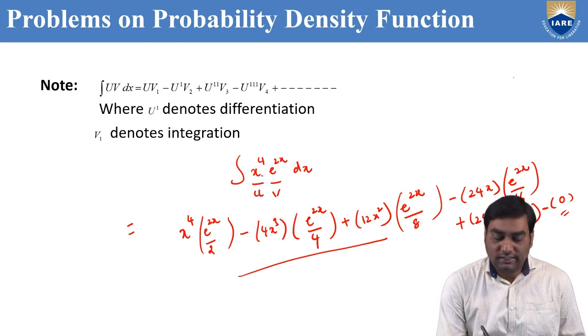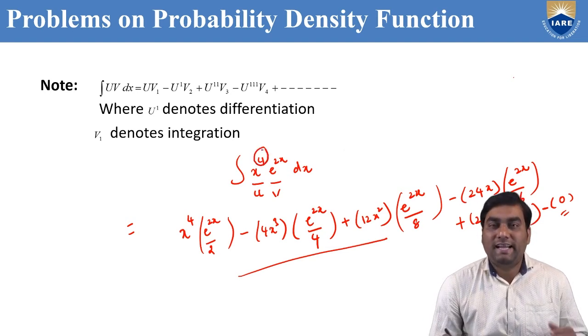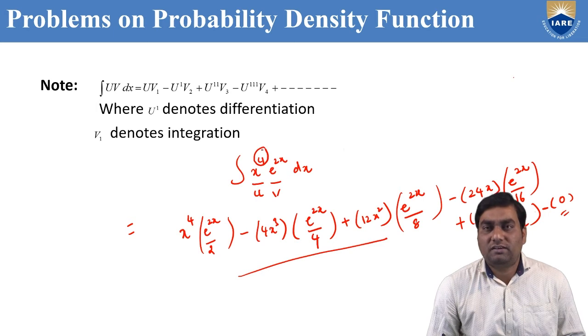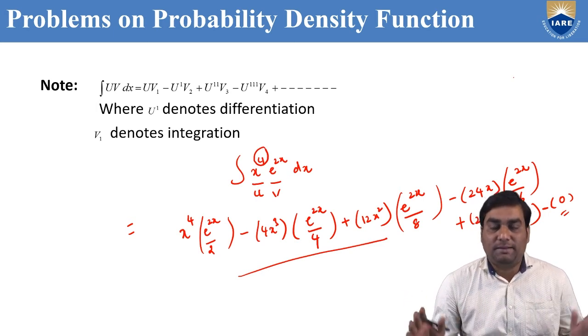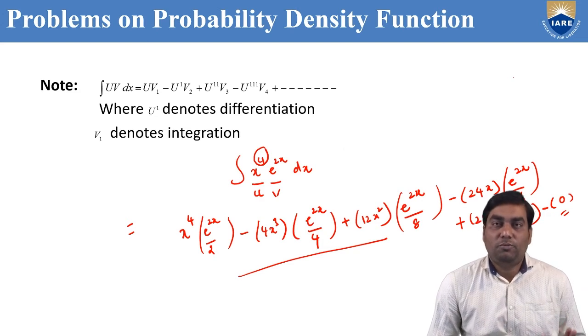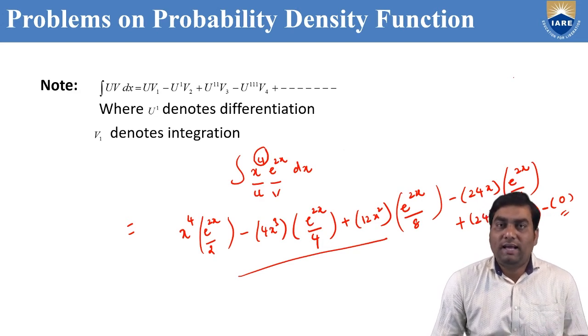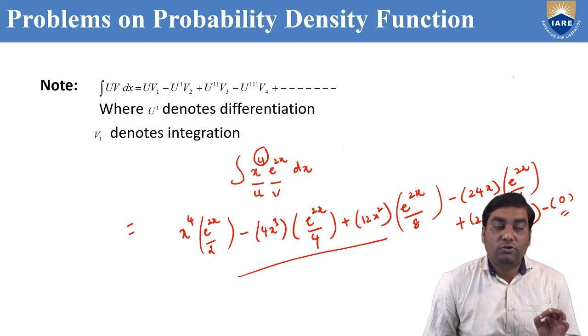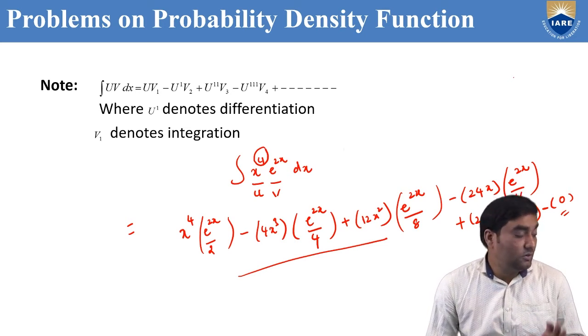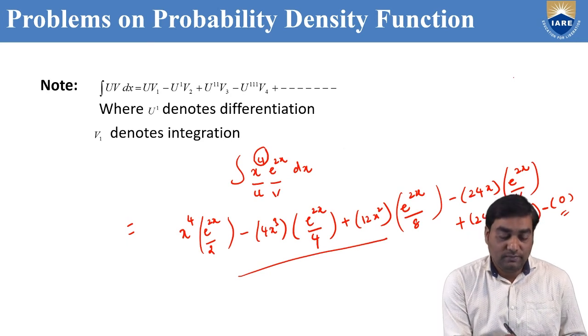Like that, if x power n, where n is any power, even then we can do it in a single step by using this formula. So this formula plays a very, very important role while you are solving problems on probability density function.